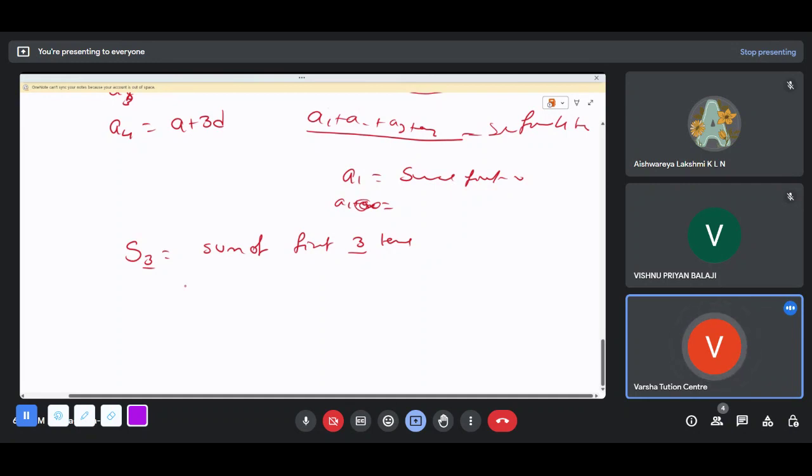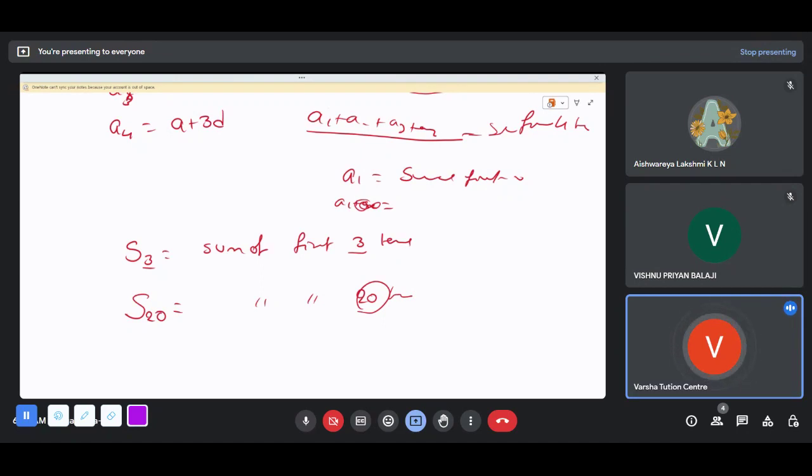A1 plus A2 plus A3 plus A4 plus A5, A6, A7, like that will I write till A20? No. I have to bring one representation for the sum. That representation, S20, means sum of first 20 terms. Remember, sum of first 20 terms. Clear now? Understood?